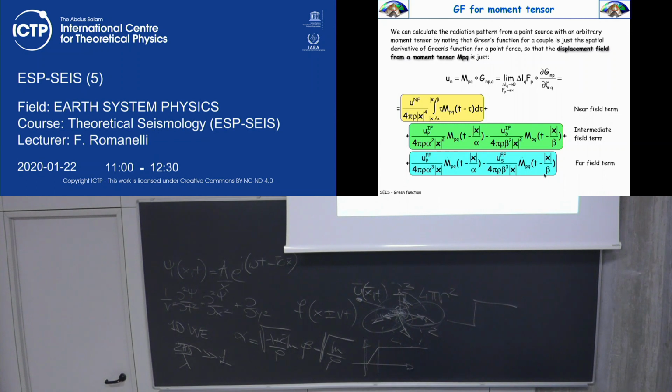This is the duration of a slip. 0, slip, 0. Okay? The time derivative of this will be the box. This is the piece of information that is traveling, because it's the time derivative of the slip function. And this is what we're going to use in the next lectures.